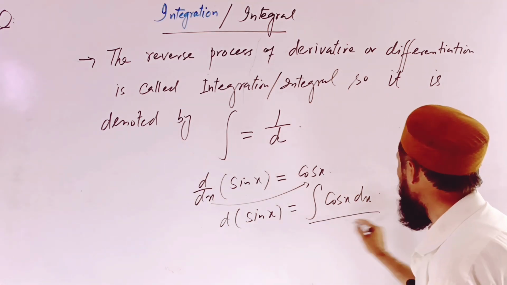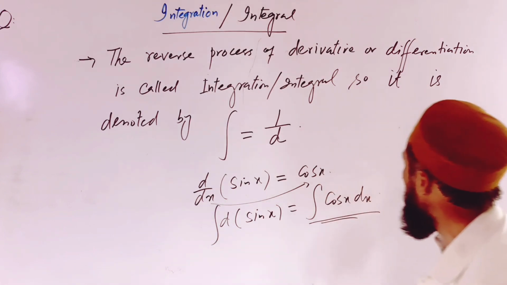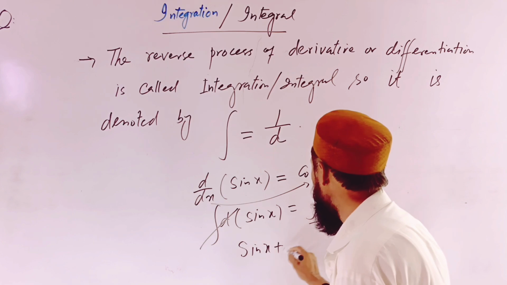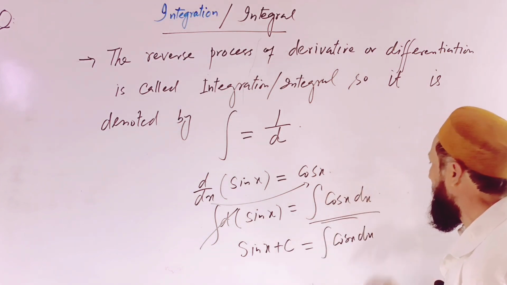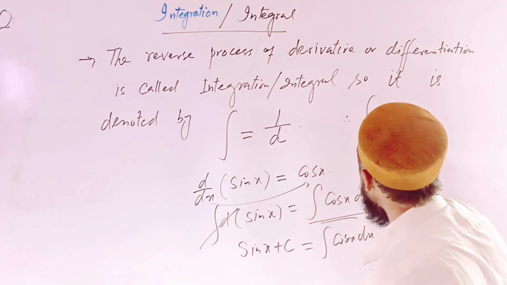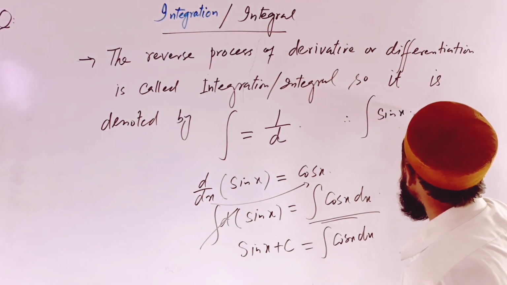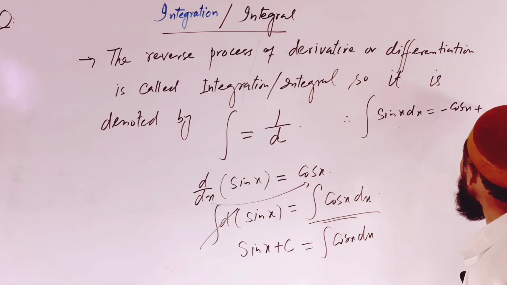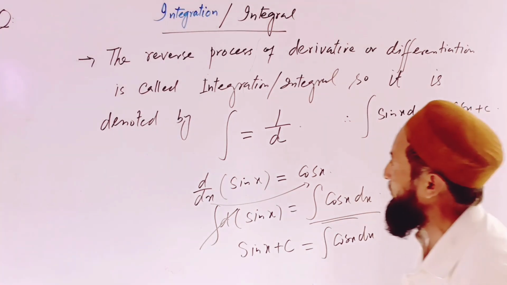If we apply integration on both sides, the integral and d cancel, so sin x plus c is equal to integration of cos x dx. Similarly, integration of sin x dx will be minus cos x plus c. So it is the reverse process of the derivative.